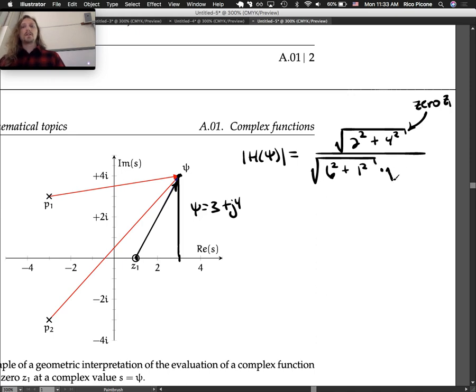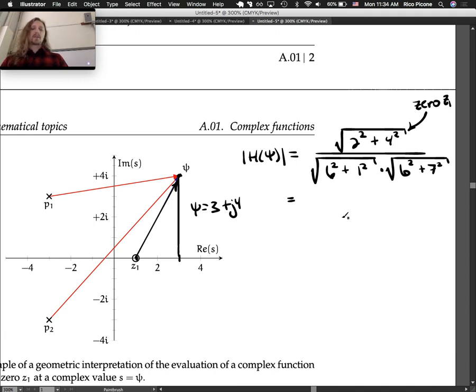Times square root of, pole 2 has the same real difference, because this is a complex conjugate pair. So this is going to be 6 squared. But in the imaginary direction, it goes from -3 up to +4, so that's 7. Plus 7 squared. So 2 squared plus 4 squared is 20, so square root of 20 divided by square root of 37.